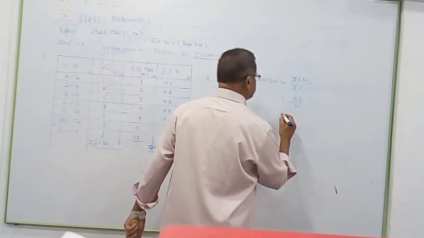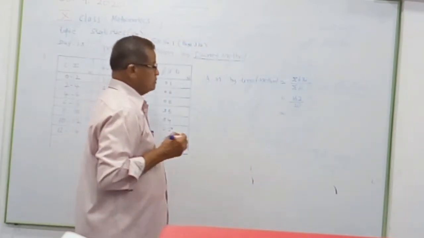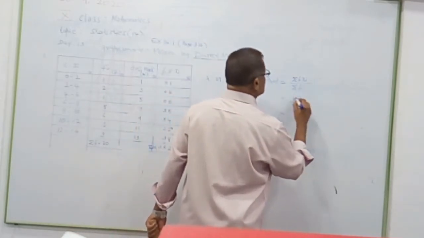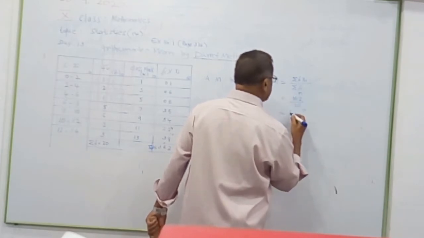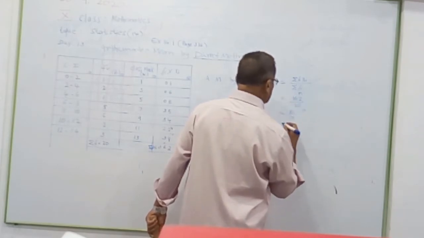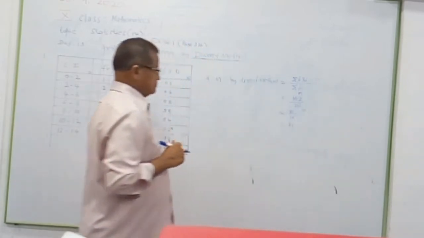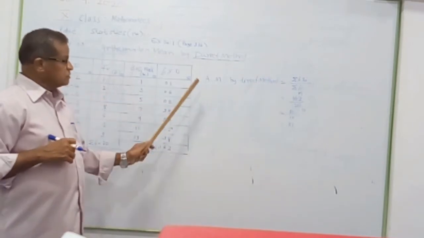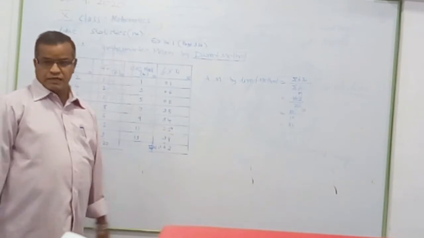Divide: 2 10s are 20, 2 8s are 16, 2 1s are 2, so 81 by 10. So 10 is the decimal, 8.1 is the answer. Maintain all the equals signs like this. So arithmetic mean by direct method is 8.1.